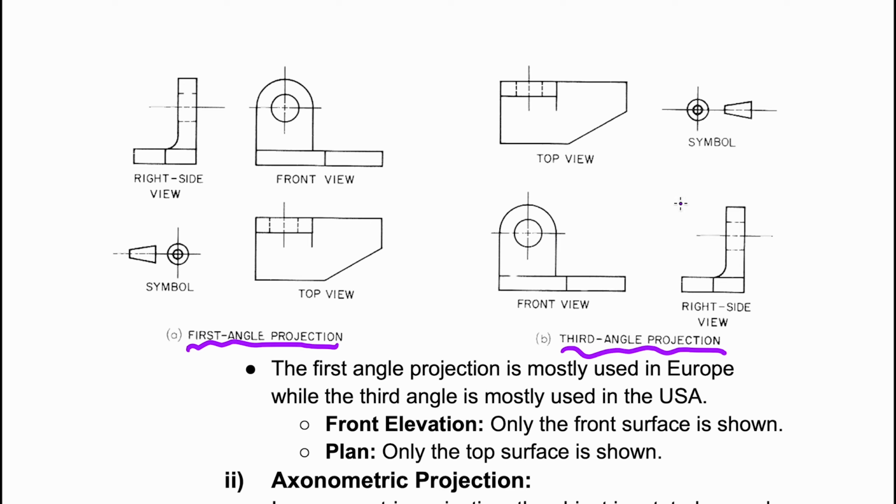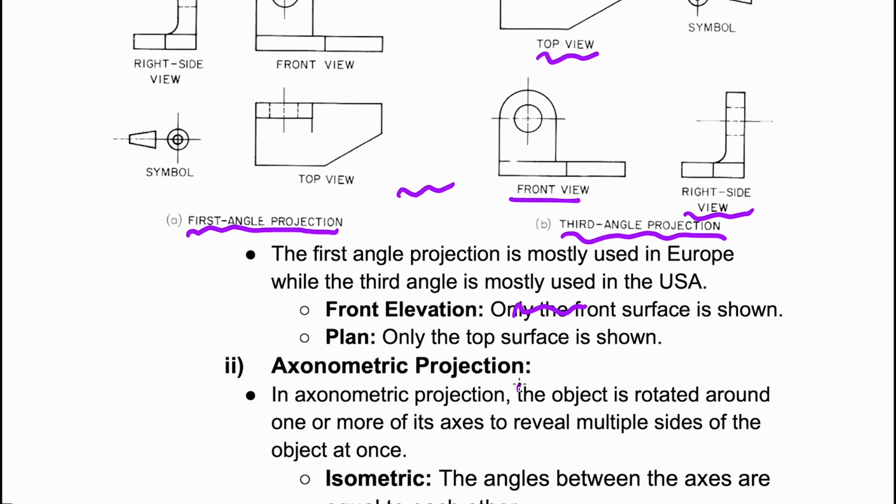In the third angle projection, you have the front view in the center, the top view on top of that, and the right side view at the right side of that. And if you want to add more, the left side view would be here, the bottom view would be here, and the back view would be under the bottom view.